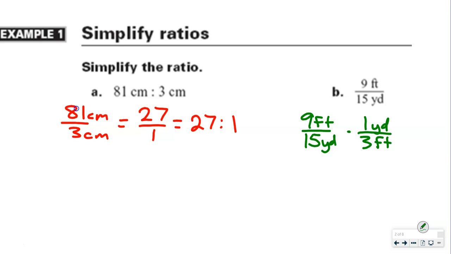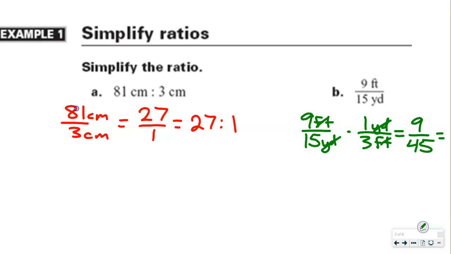So now we have 9 feet times 1 yard gives us 9. Over 15 yards times 3 feet gives us 45. And now our feet will cancel out, our yards will cancel out, and really we just have those numbers multiplying across. So now we have a ratio of 9 over 45.